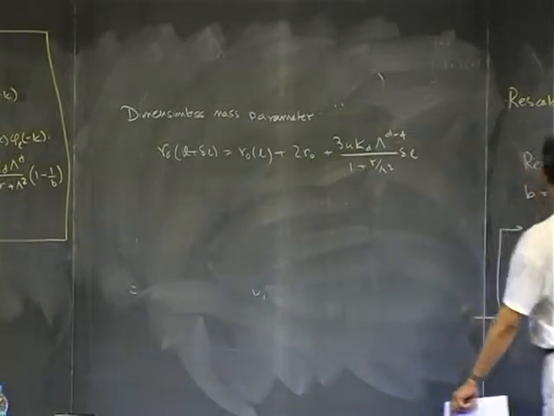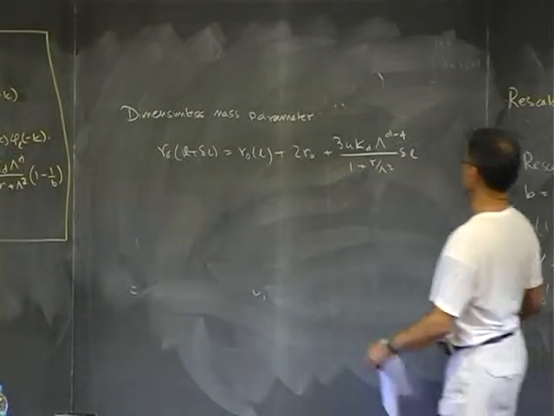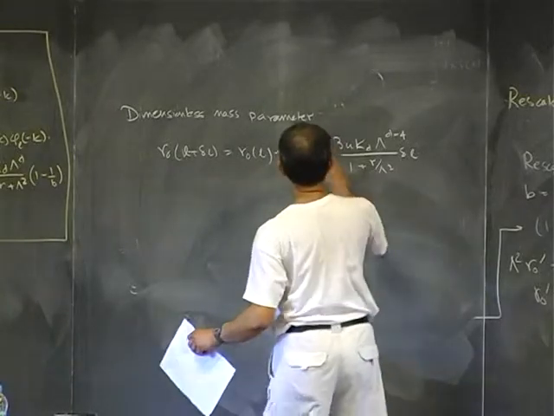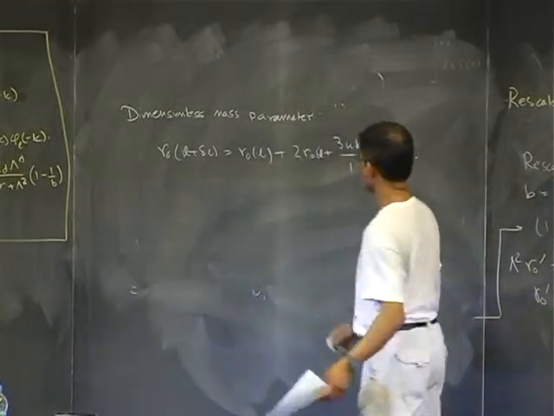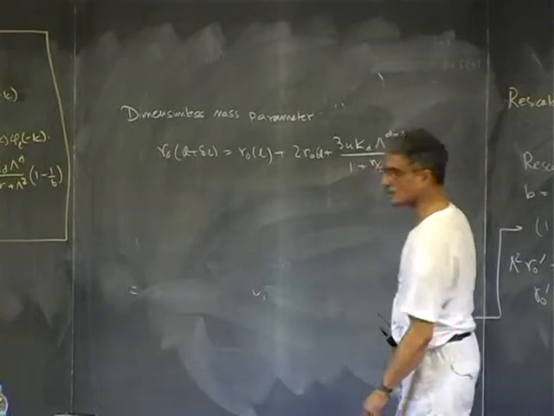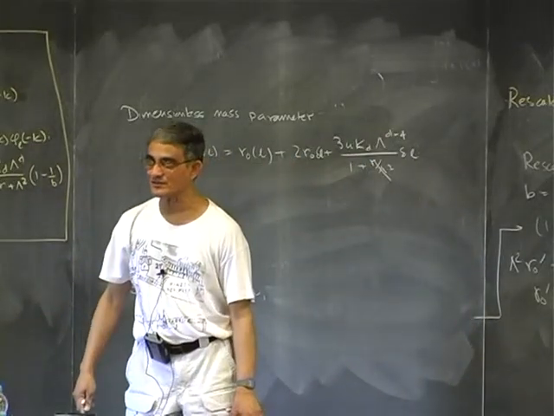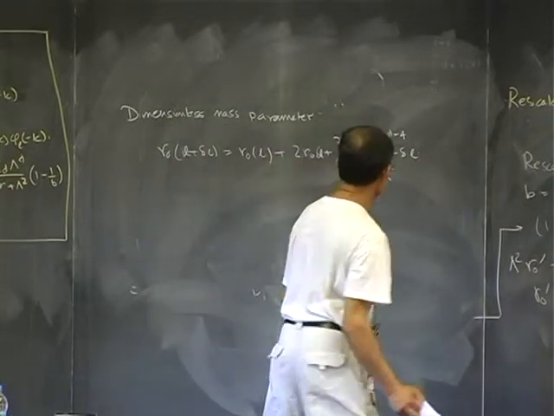This 2 R naught just comes from this term. The whole thing, yeah, yeah. This has also a delta L. You're right. And I can just ignore that because you are looking at scales which are much lower than the cutoff scale. So lambda I have to effectively take into infinity.